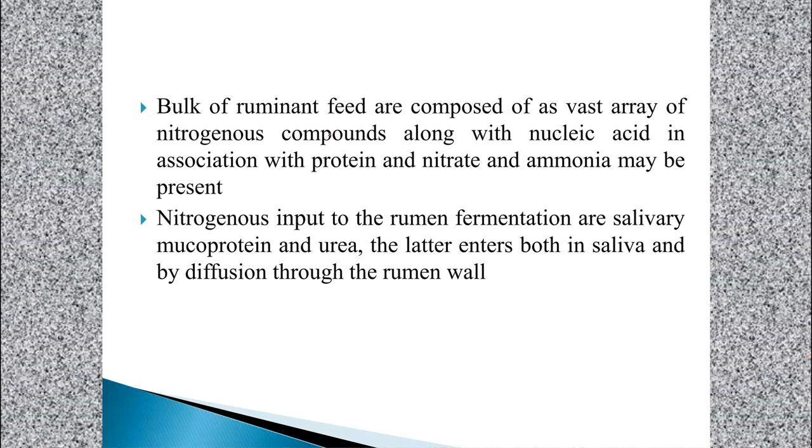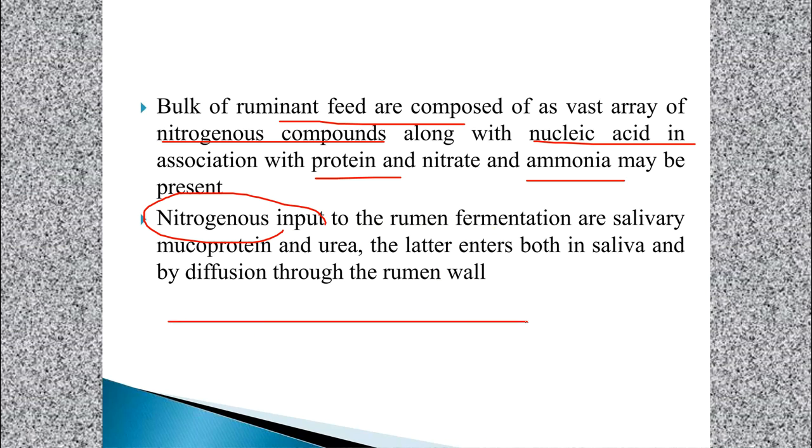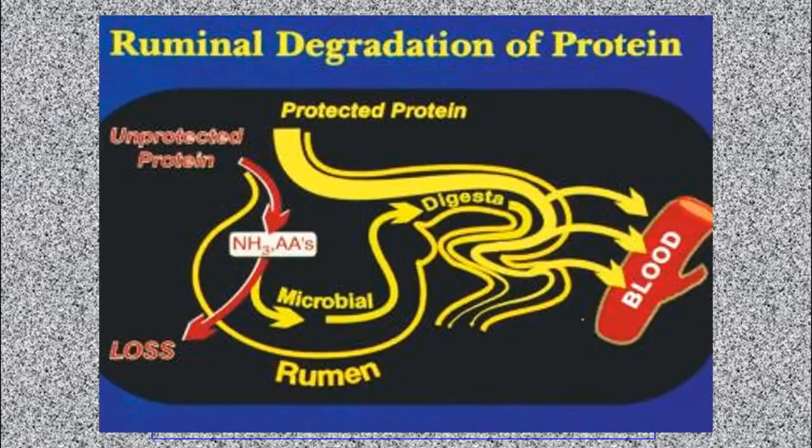Then the bulk of ruminant feed is composed of a vast variety of nitrogenous compounds along with nucleic acid associated with protein from plant sources, and also ammonia may be present. And nitrogenous input in the form of urea to the rumen fermentation, or salivary mucoprotein and urea, enters both saliva and, by diffusion, through the rumen wall.